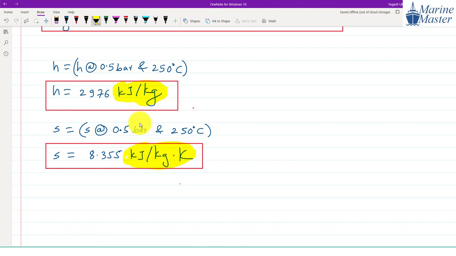Here we are saying entropy, but actually it is specific entropy. But we are lazy with saying the word specific. We omitted that word.